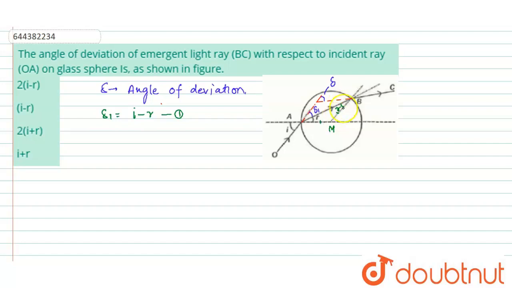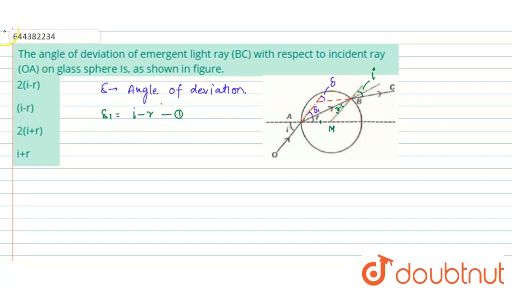This is the normal, and this is the incident ray on this surface, so the angle of incidence is r. Then if you apply Snell's law, this angle comes out to be i. So if this is i and this is r, then when this angle is r at this surface, this angle will be i.